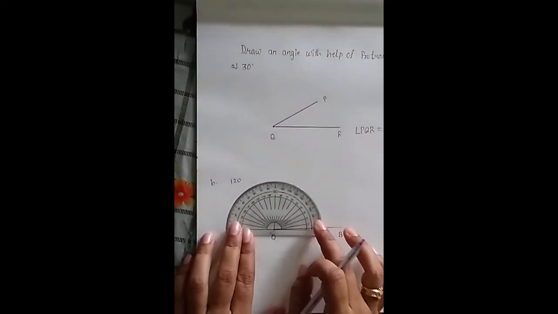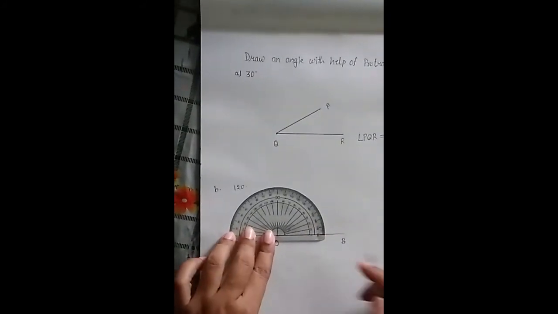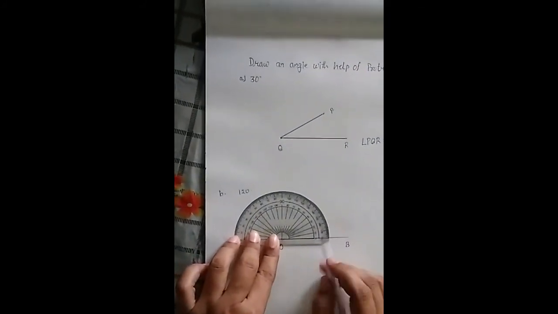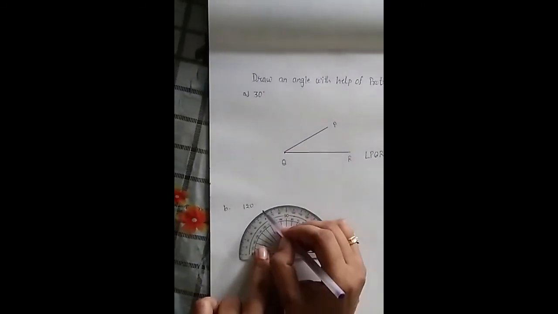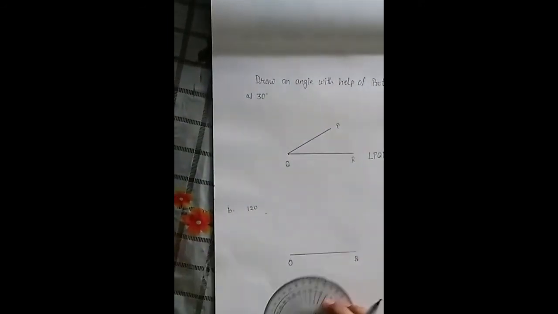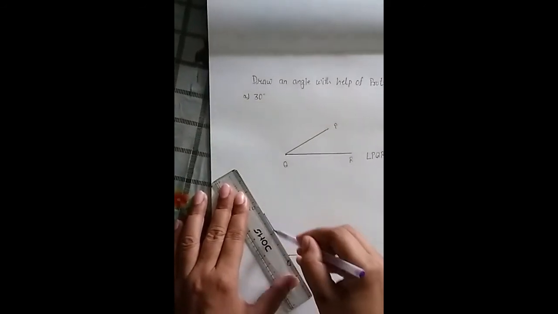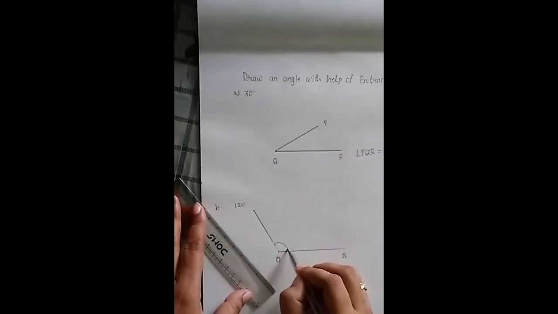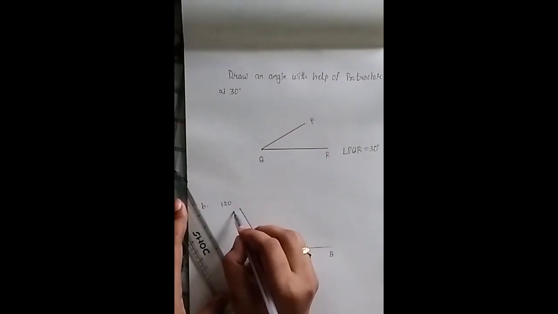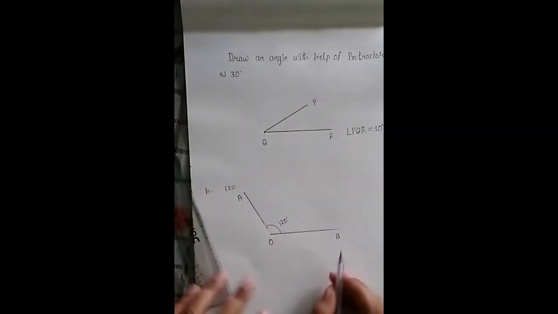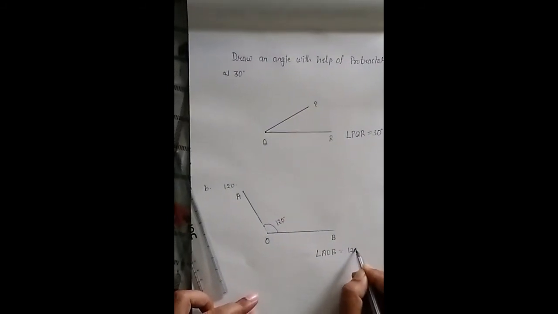Place the protractor on OB and from the inner scale mark the 120° and join both lines. So we find an angle that is 120°, angle AOB. Angle AOB is 120°.